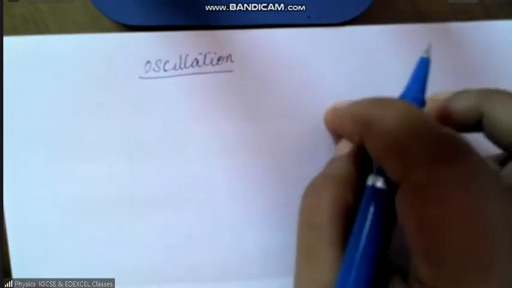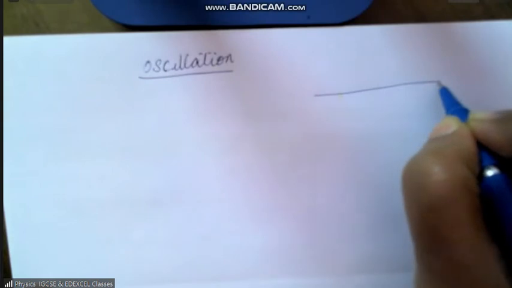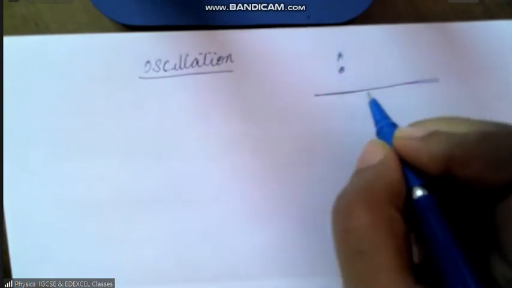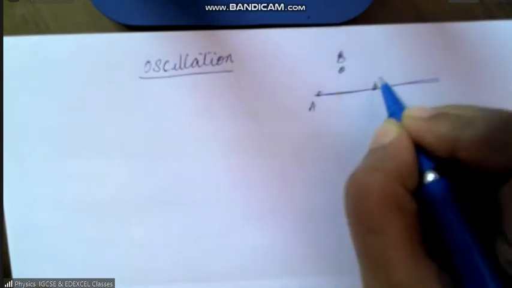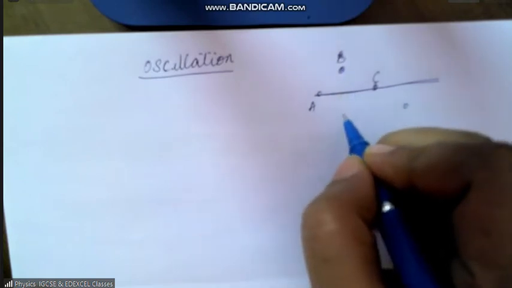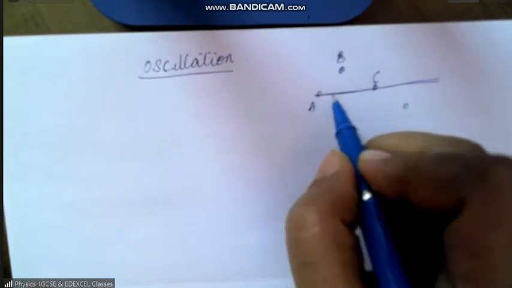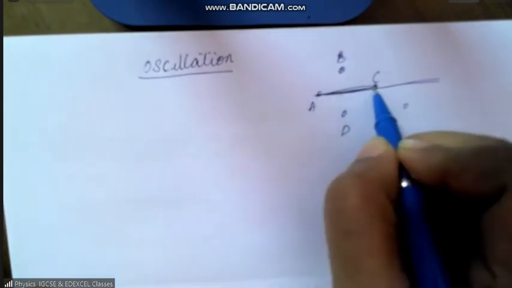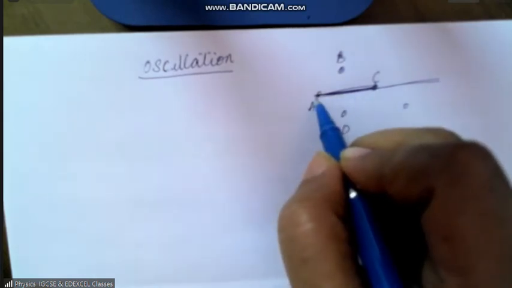For example, assume that this is a line with points A, B, C, D. If an object or a person goes there, comes back, goes there, comes back, this is a periodic motion.